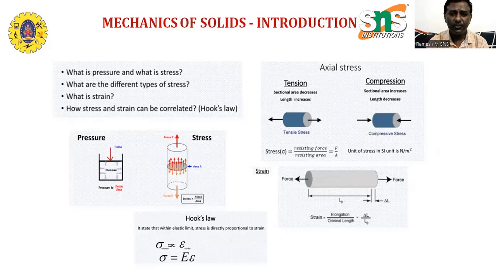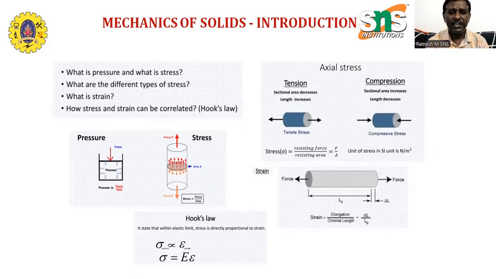So Hooke's law is nothing but stress being directly proportional to strain. The stress may be tensile or compressive, generally called axial stress. So stress by strain is equal to Young's modulus.